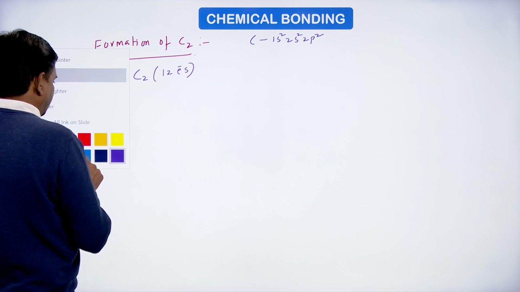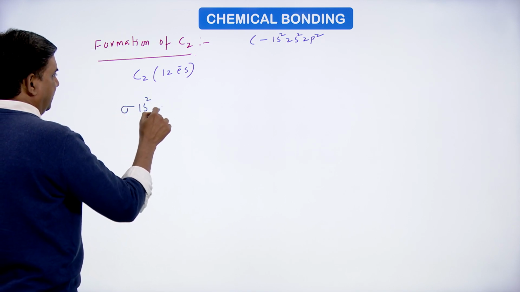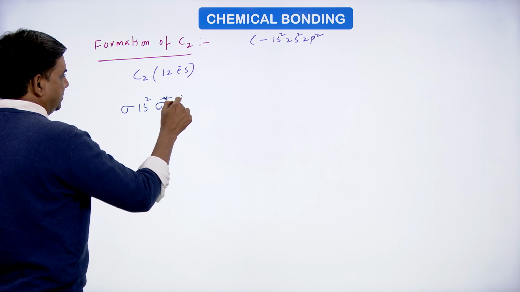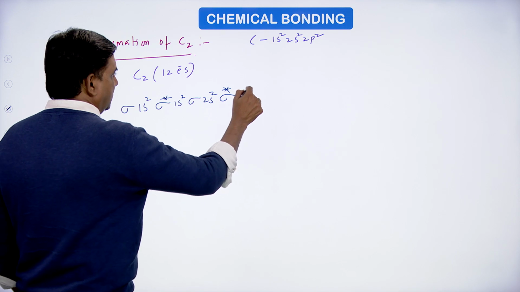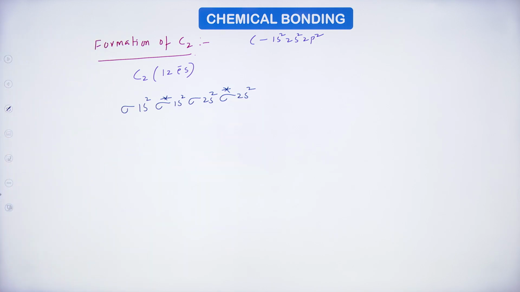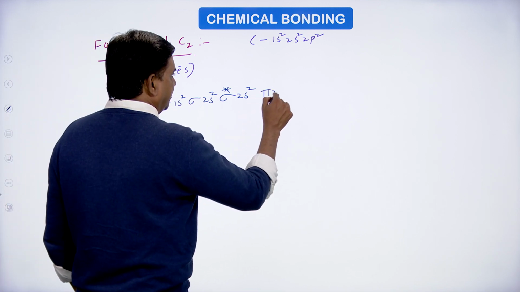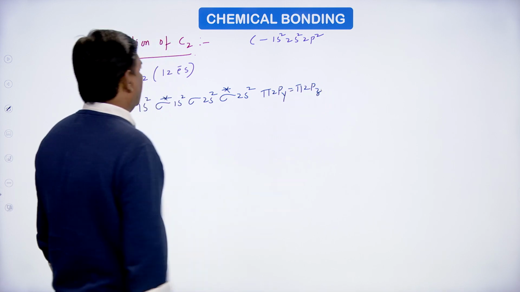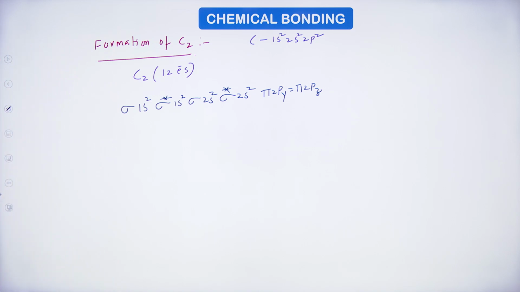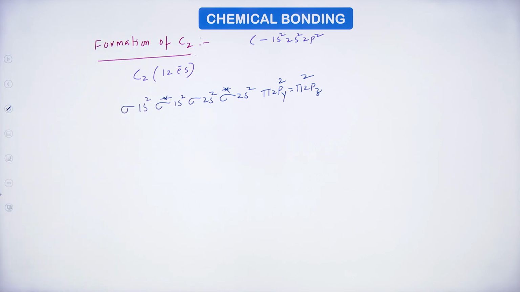The electron configuration would be written like this: sigma 1s2, sigma star 1s2, sigma 2s2, sigma star 2s2, and 8 electrons. Next, pi 2py2, pi 2pz2, here 2 electrons, here 2 electrons, 12 electrons.